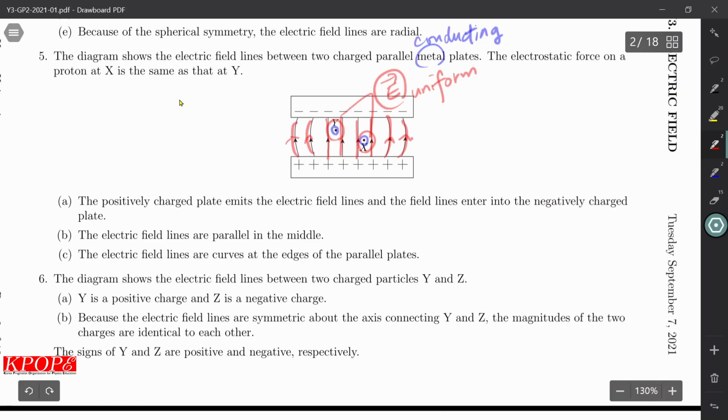For example, at this point, the electric field line is like that, and because it is tangent, it changes its direction. But in here, the spacing is the same, so magnitude and direction are invariant.